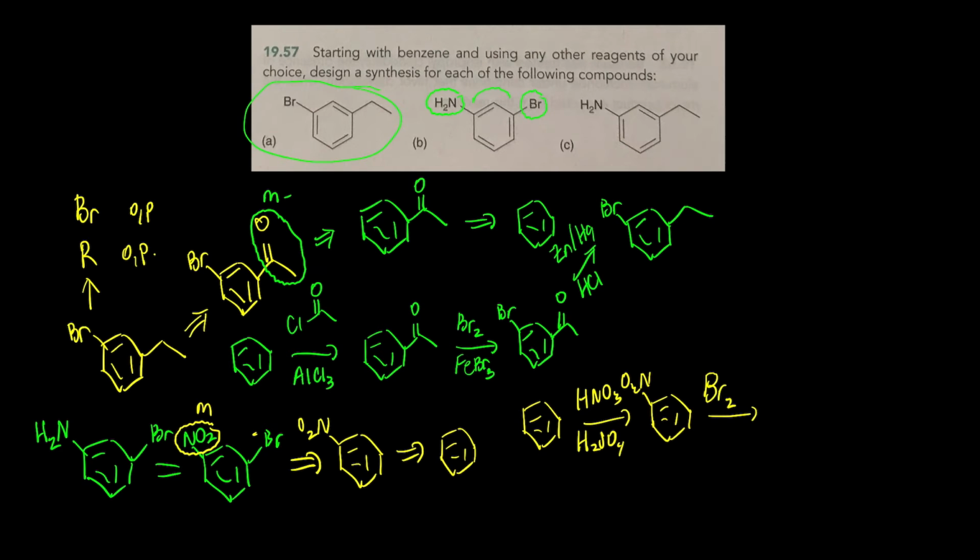Bromine in the presence of iron tribromide will give you the meta product. So we want to place the bromine at the meta position, and then we want to reduce the nitro group. And we can do that with iron and hydrochloric acid to give meta-bromoaniline.